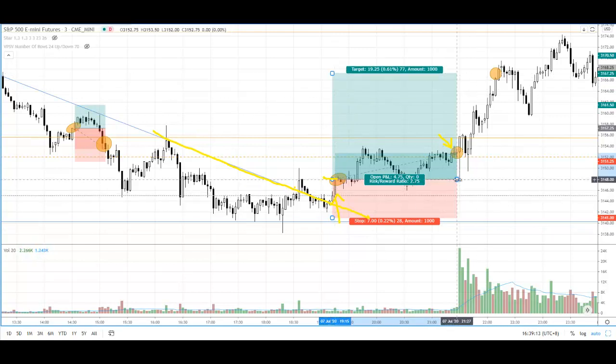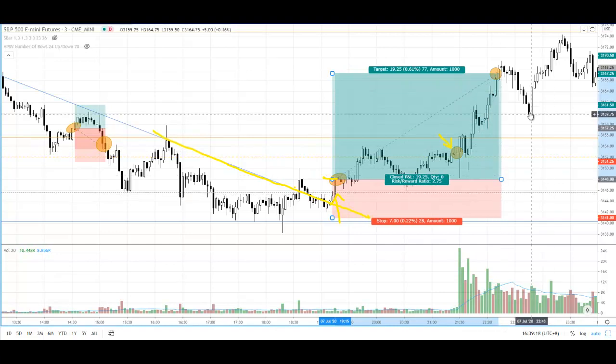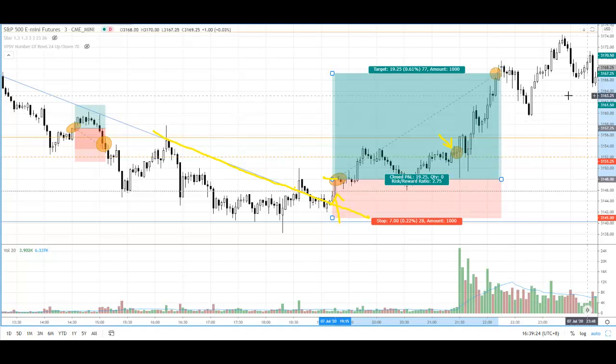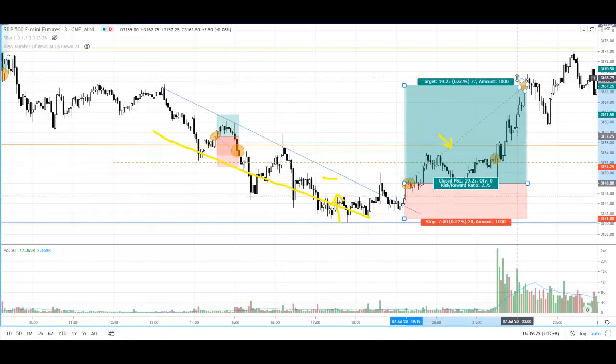And the second batch, the other 50%, was exited here. So overall I think it's around a reward to risk of 1.6. This place is quite a nice place to take profit, because it's kind of the swing high level. So this is where I actually entered the limit exit at this location here.